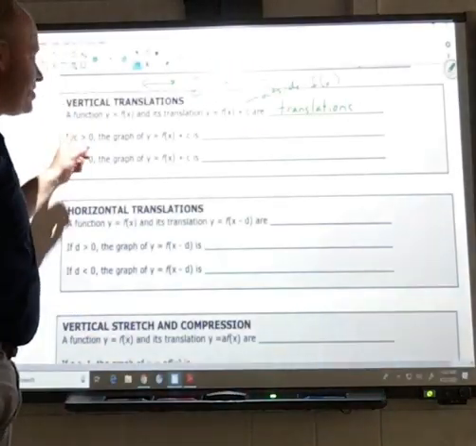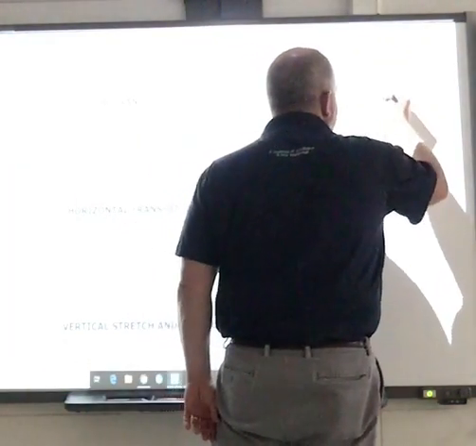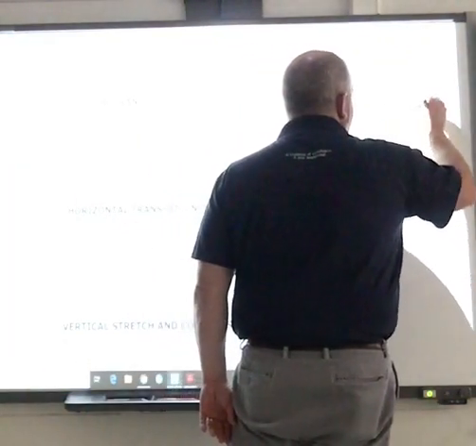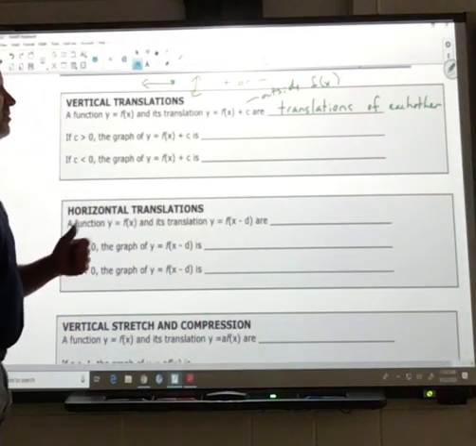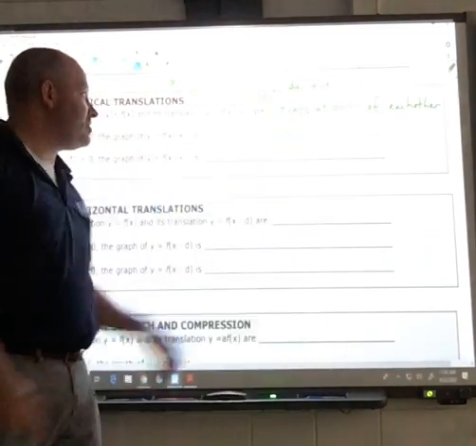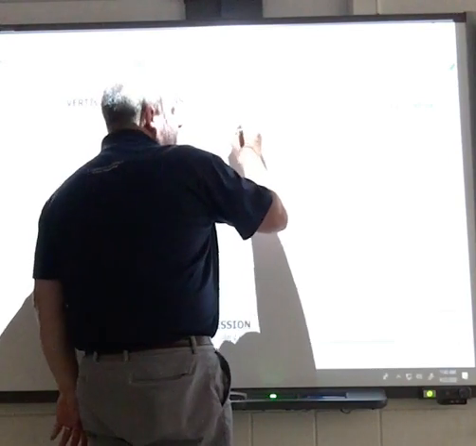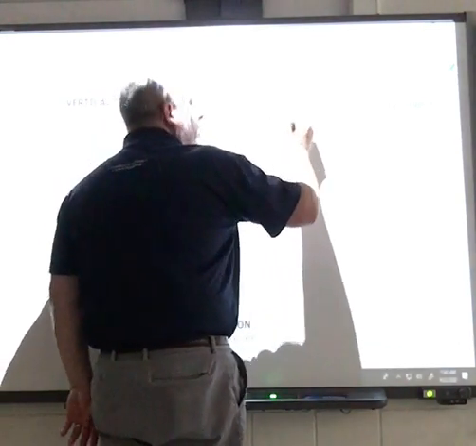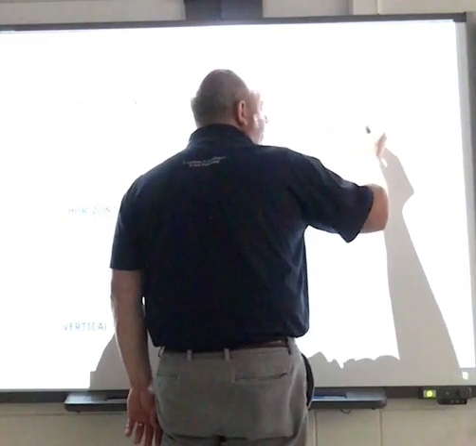Okay? If c is greater than 0, I guess they're translations of each other. If my c value here on the outside is positive, then y equals f of x plus c is shifted up c units.